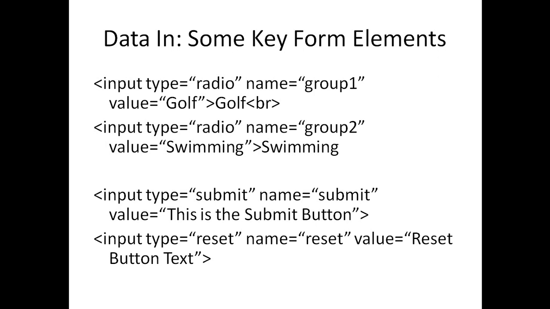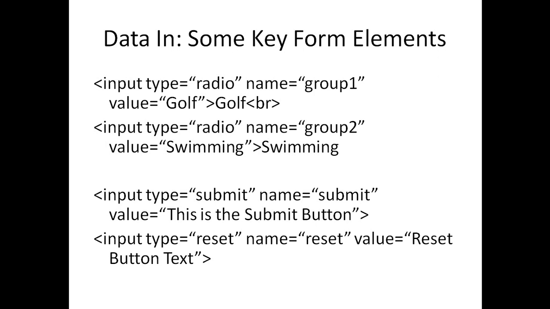And I purposefully in this slide put the name to be group 1 and group 2. If you're doing radio buttons, the value that you set the name to be has to be the same for the group of radio buttons. So if you're giving an option to say choose your favorite sport, for example, you want the name to be the same in all of the options of the sport.